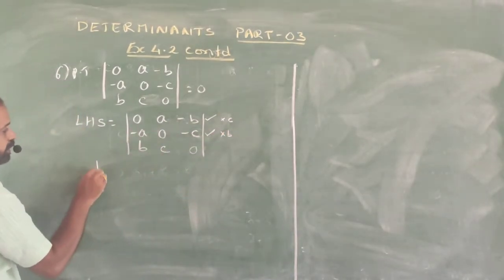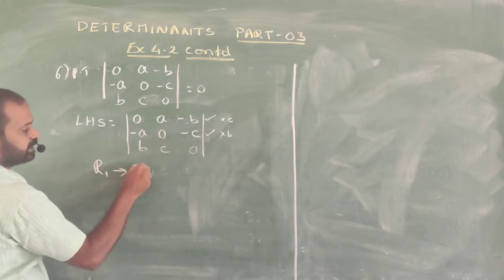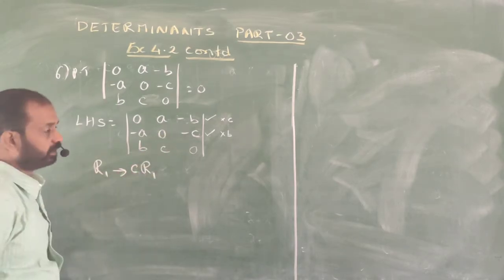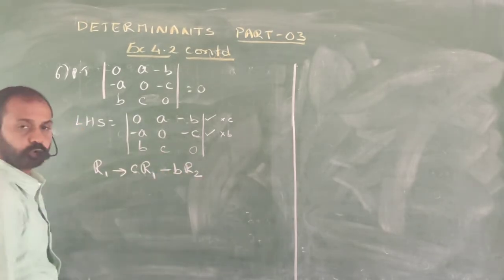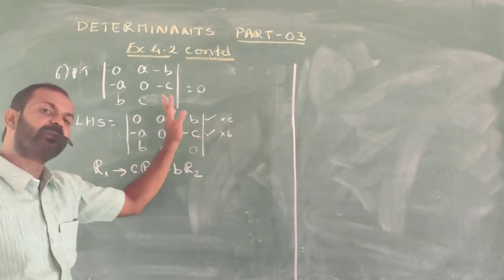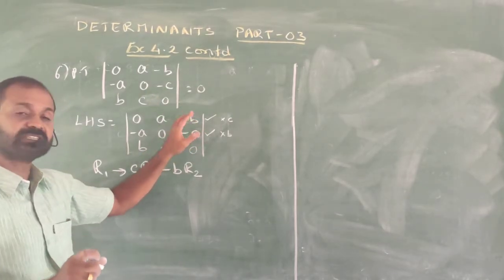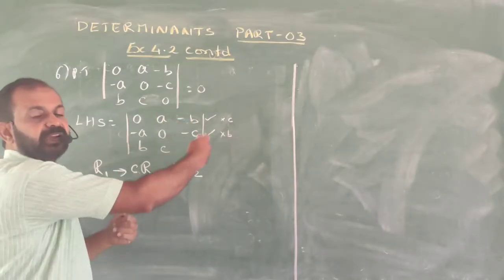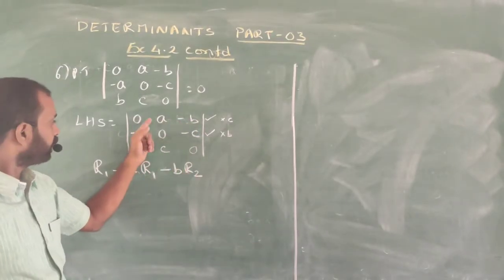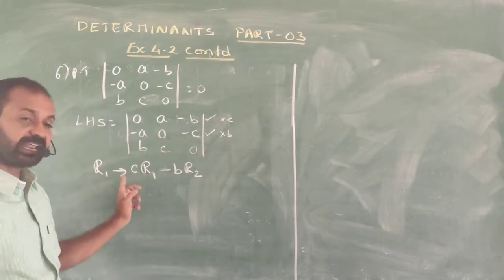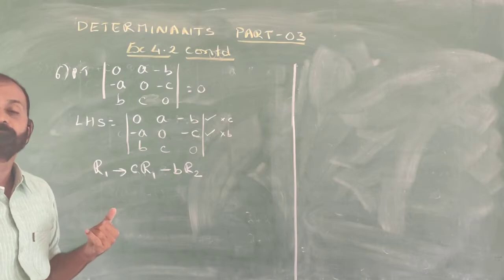So what I do is R1 as C times R1 minus B times R2. Just like elementary row transformations, the same operations on the elements, I am repeating here. Now, can I apply such kind of operations? 100% by using the last property.